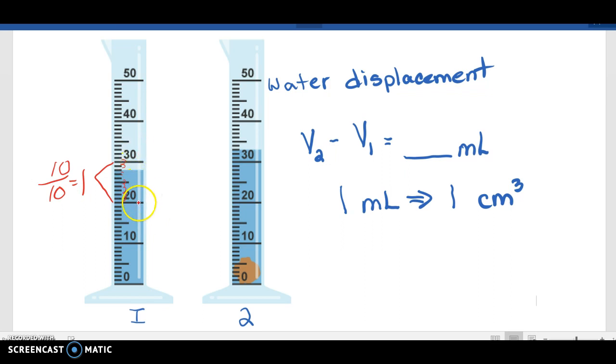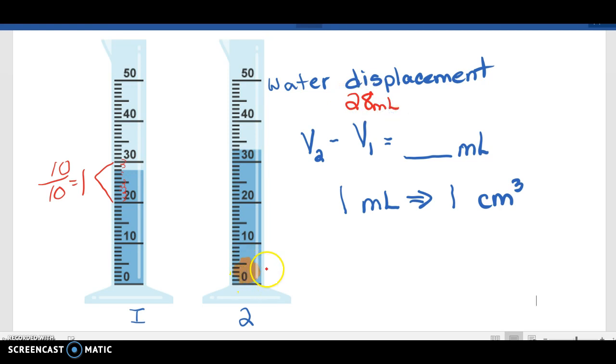So now we can find the level of the liquid. Here's 20, 21, 22, 23, 24, 25, 26, 27, 28. So our V1, our volume 1, is 28 milliliters.